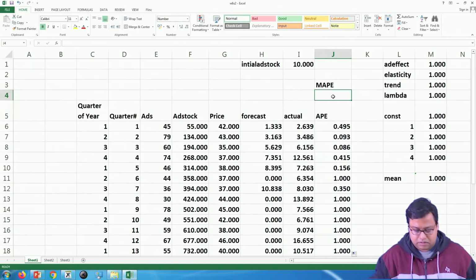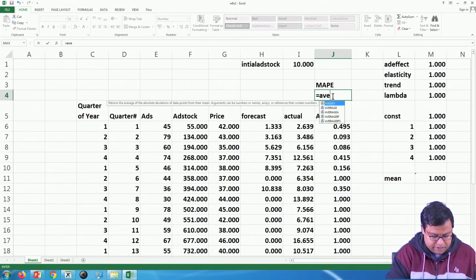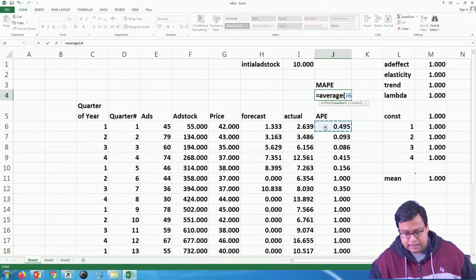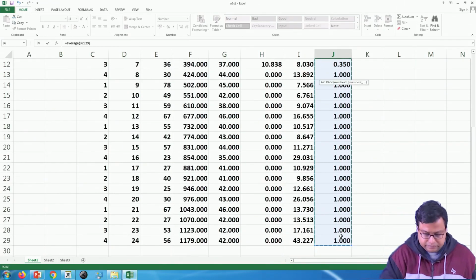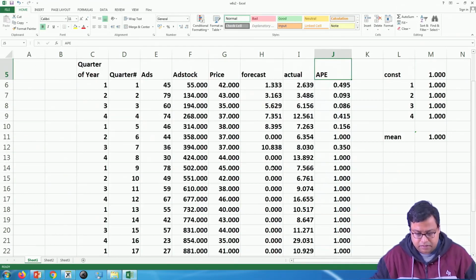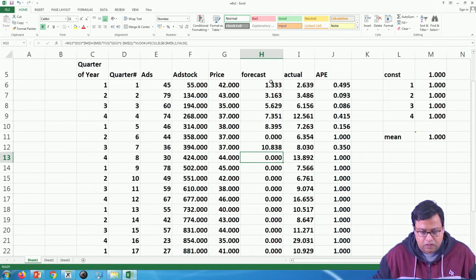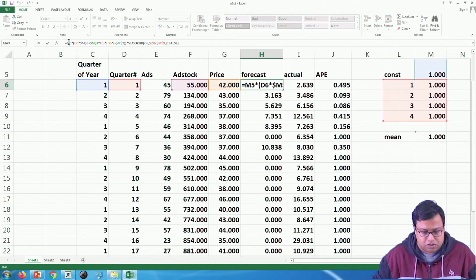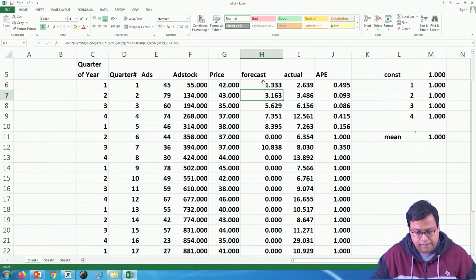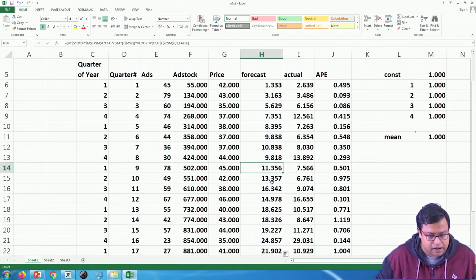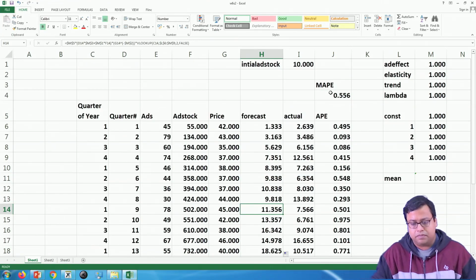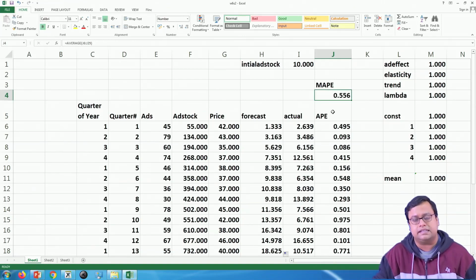And mean absolute error is basically the average of these values. Why is it coming 0 here? Okay, so M5 should also be in F4. Okay. So, mean absolute error, this is the thing, and this is the one that I have to minimize.